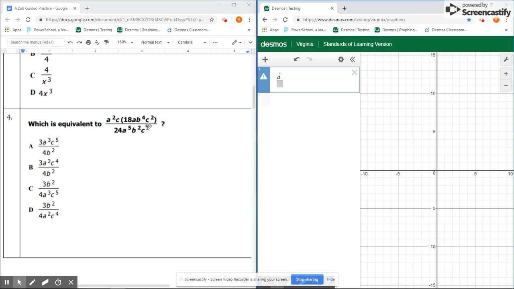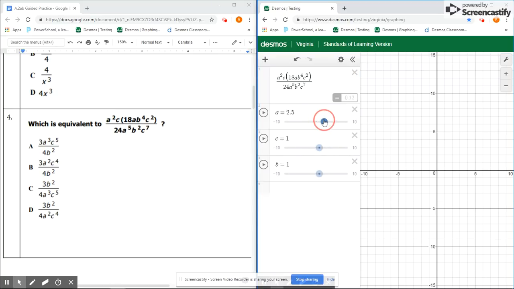And I'm going to type in exactly what I have here: a squared c, parentheses, 18ab to the 4th, c squared, parentheses, and in the denominator we have 24a to the 5th, b squared, c to the 7th. Okay, notice that that's exactly how we see it. If we're going to do this type of problem, we have to type it into Desmos exactly how we see it in order for it to work.